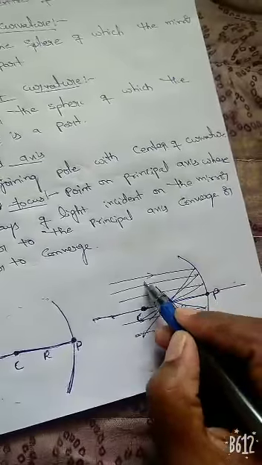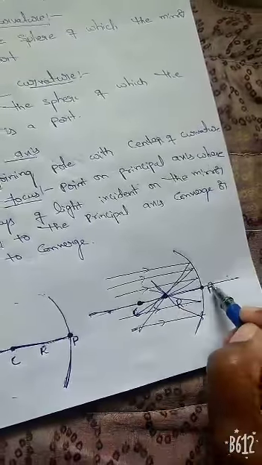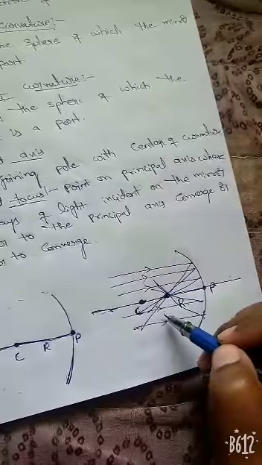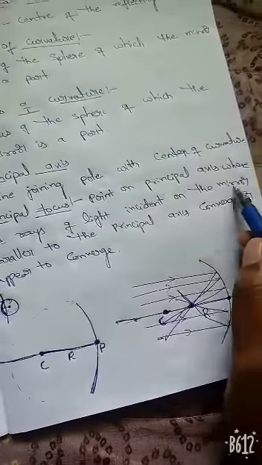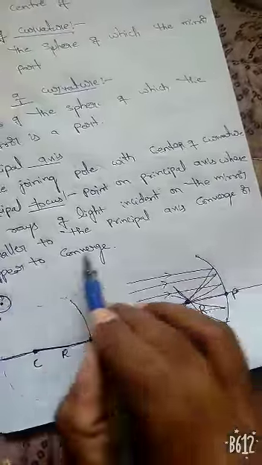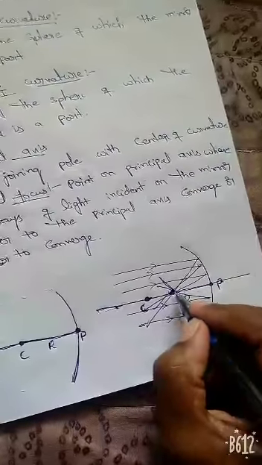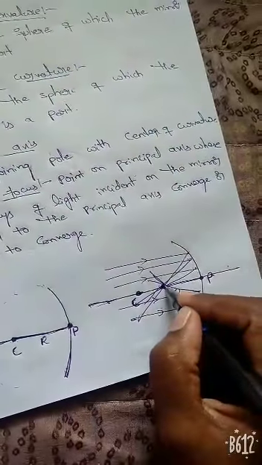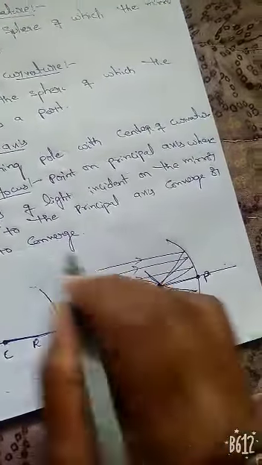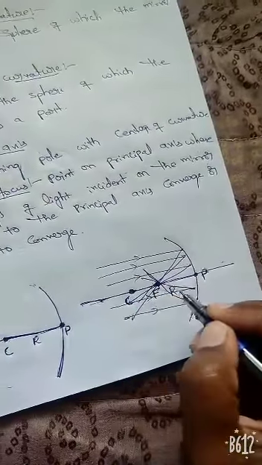The rays which are incident on the mirror are parallel to this principal axis. So this condition is also satisfied. They are converging on the principal axis, where they are converging at this point. This point we call the principal focus, which is denoted with the letter F.